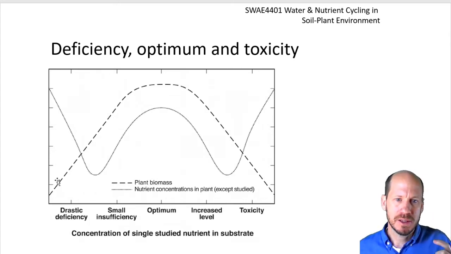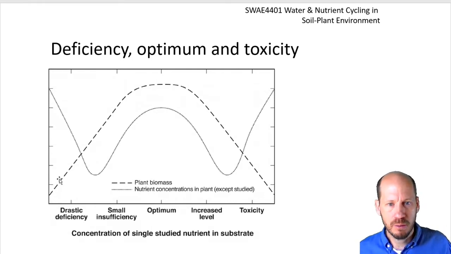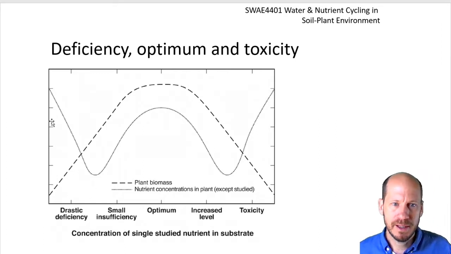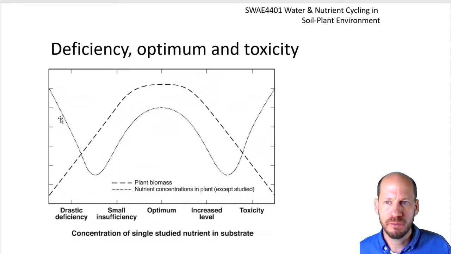And because it's sacrificing growth and biomass, all the phosphorus that it has is concentrated in the little biomass it has. So you might find that at a low range of availabilities, where the plants are suffering from extreme deficiencies, you may find that still you have high concentrations of this nutrient.